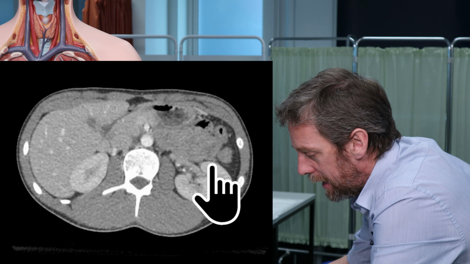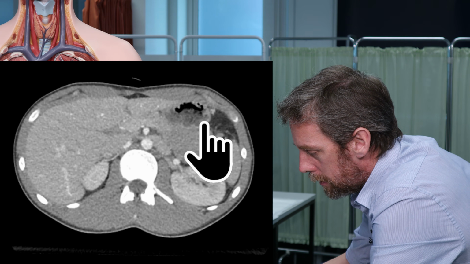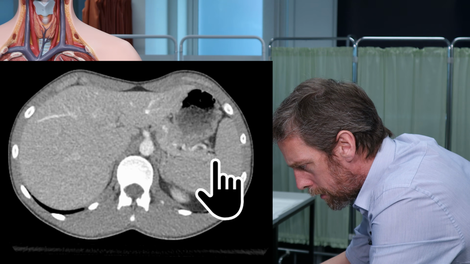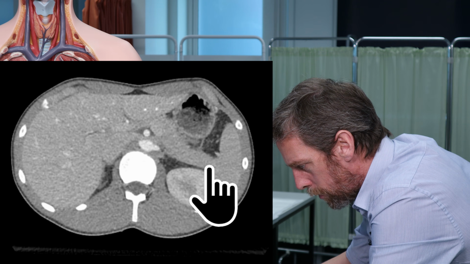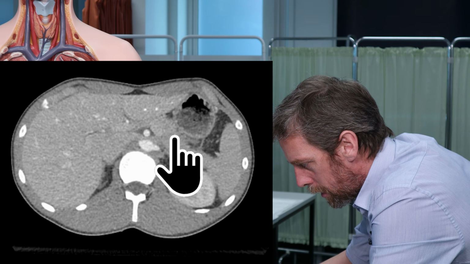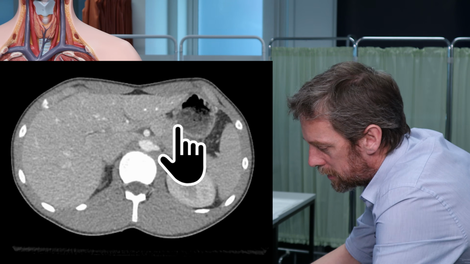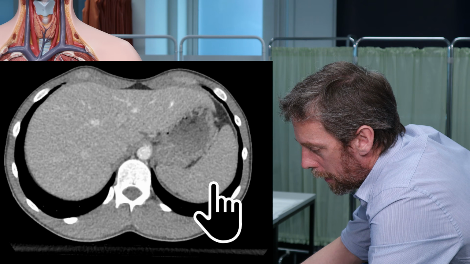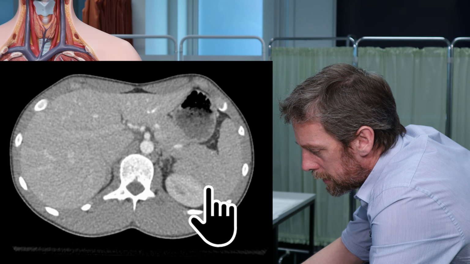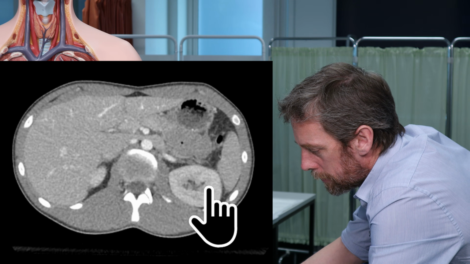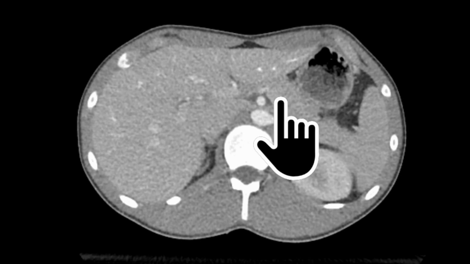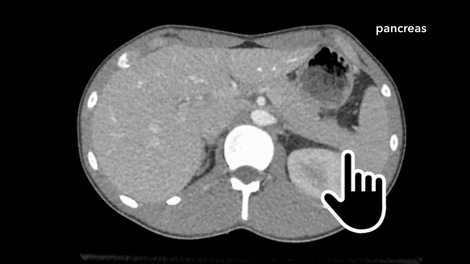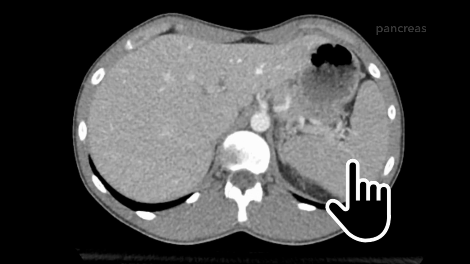So kidney here, stomach here, spleen here. What's this here? What's this organ lying posterior to the stomach, pushing into the spleen there? Scrolling up, scrolling down. This is the pancreas. This is where the pancreas lies. This is where we would expect to find it. So the pancreas pushes into the spleen.